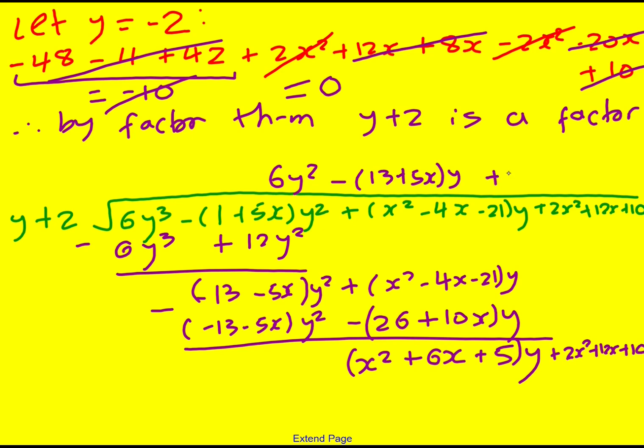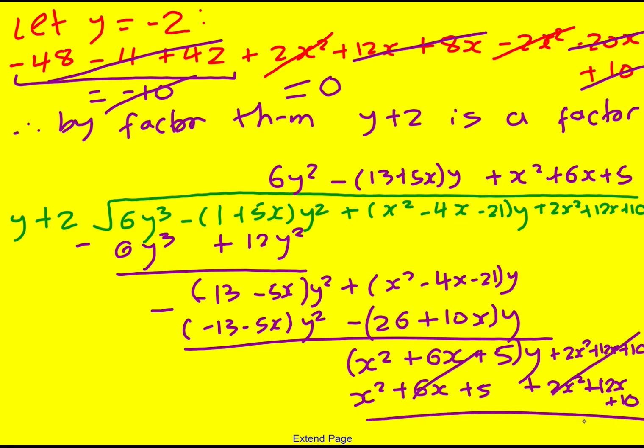And then we're left with x squared plus 6x plus 5 here. Multiply back through, so 2x squared plus 12x, sorry, doubted myself there, plus 10. And these will cancel, we will be left with 0.